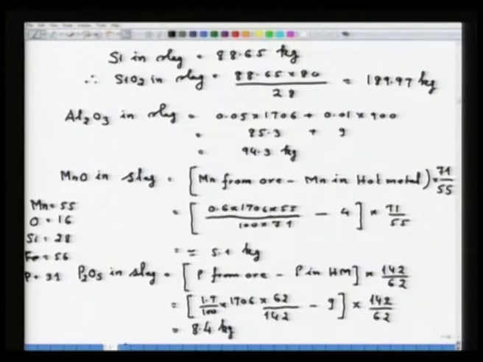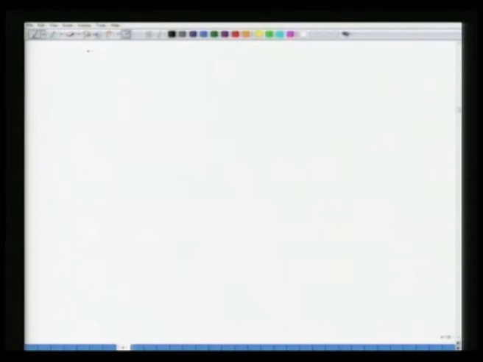Now, similarly, we have to calculate MgO in slag, because MgO is entering through iron ore. So, all MgO will enter into the slag.